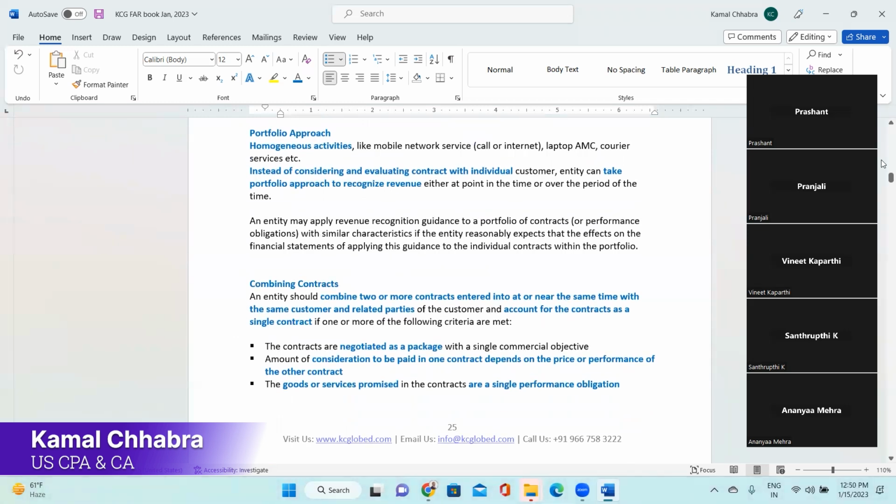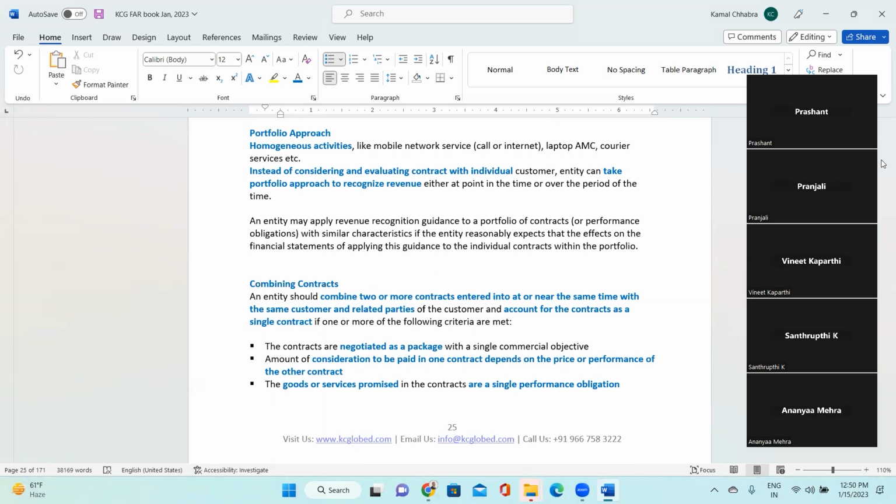Now we are jumping on to the next topic, which is portfolio approach. Like we discussed before the break, portfolio approach is used when there is a homogeneous activity, like a mobile network service provider, internet provider, cell phone service provider, laptop AMC provider, courier services provider.